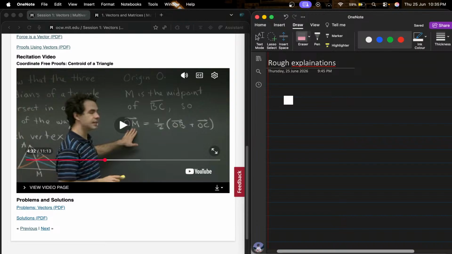So here is OM from O to M. Let's just see the figure once. Okay, so here is OM, this is O to B, and this is O to C. So OM equals half of O to B plus O to C.